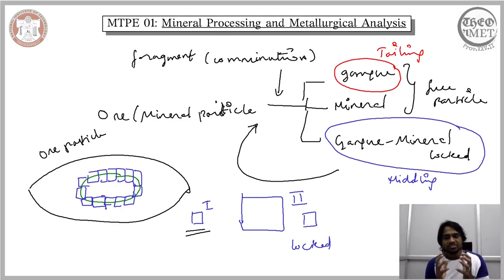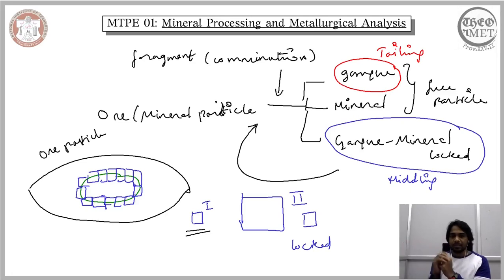And now, instead of fragmenting all these particles further, you can just separate the locked particles and then treat or fragment them separately. So even though in the first case you would arrive at particles of homogeneous sizes, the expenses will be large.